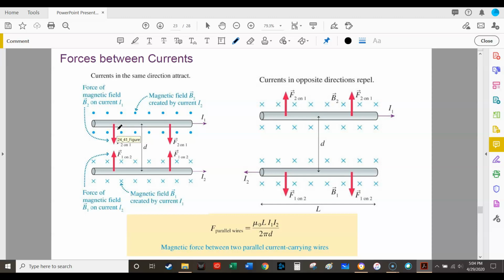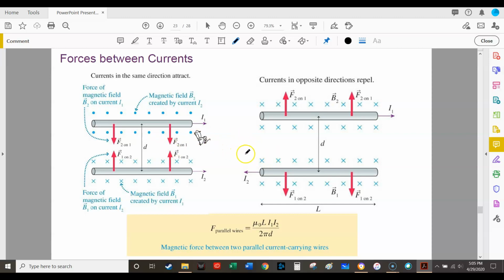My thumb is pointing to the right. The B field around this wire is due to the lower wire, so wire number 2 is creating a magnetic field out of the page around wire number 1. So I'm pointing my thumb to the right hand side of the page, my index fingers are pointing at my face, and I get a magnetic force pointed down.